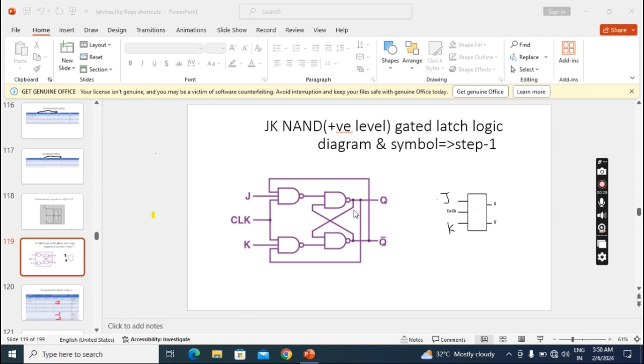Okay, so by connecting this feedback, we are able to overcome the invalid state, but because of this feedback, the invalid state is overcome, but the race condition happens. But anyhow, this feedback from latch output to gated input is the reason for avoiding the invalid state of the RS flip-flop.